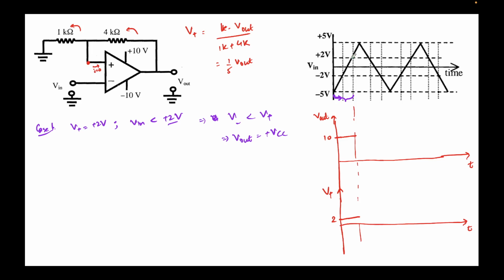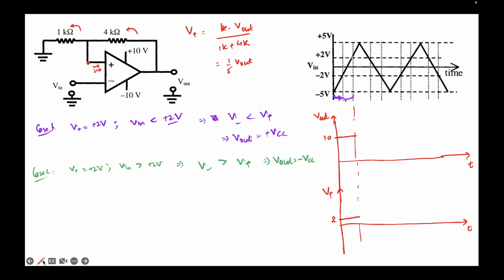Now let's try to understand case 2. Remember, V plus at this point is again plus 2 volts, and now V in has exceeded plus 2 volts. This means V minus has now become more than V plus. Since V minus is more than V plus, V out will flip to minus VCC.